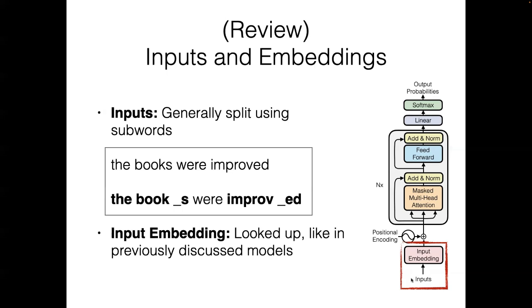And so this would be some sequence of tokens, like this sentence, the books were improved. You would turn it into these tokens, and then each token would have some vector that you select from your embedding matrix, and then you pass the sequence of vectors as the input to the model.